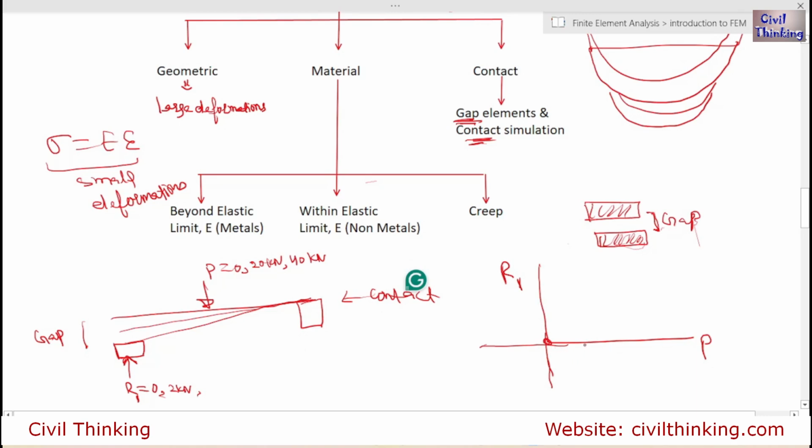You increase the load to 20. Now what happens? There is a sudden increase in reaction, right? Then you increase it to 40 kilonewton, and there is an increase in the stress. And this is not linear. So this is our curve.